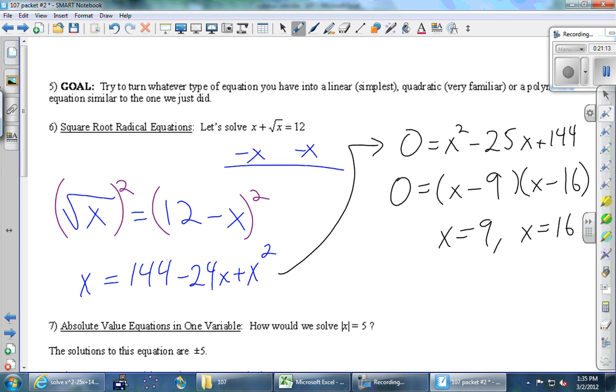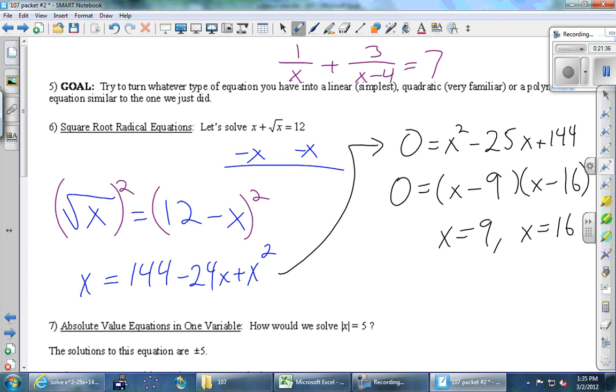Okay, here's the deal. If you guys remember, we had some equations that I called rational equations, where there were x's in the bottom. And you could do lots of algebra. We would have to multiply both sides by the LCD of all the denominators, all the fractions. And you might end up with an answer that really doesn't even work.